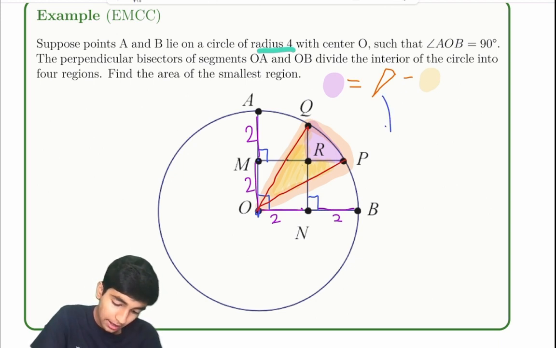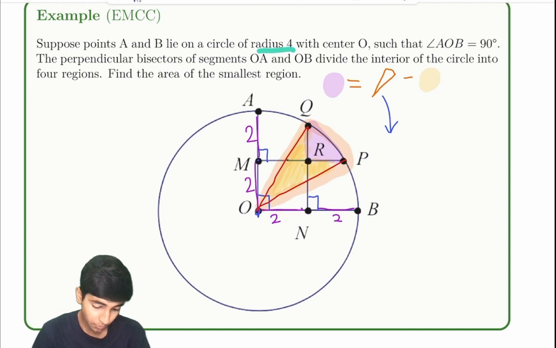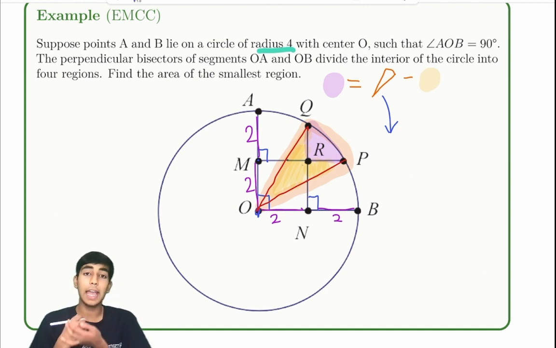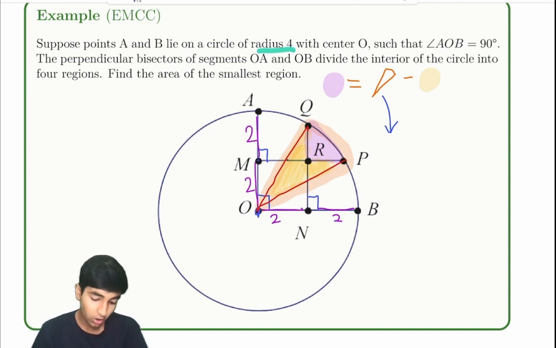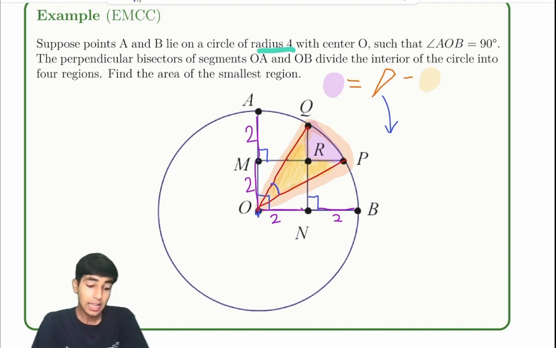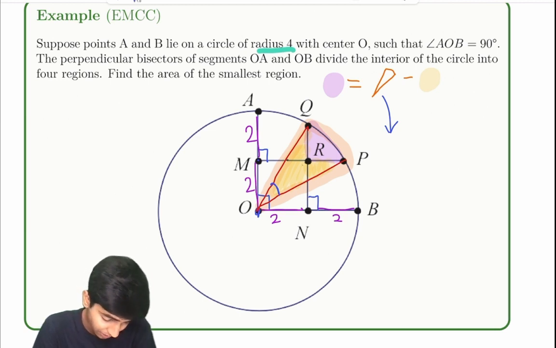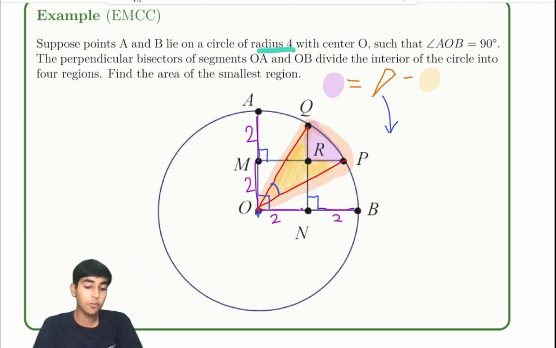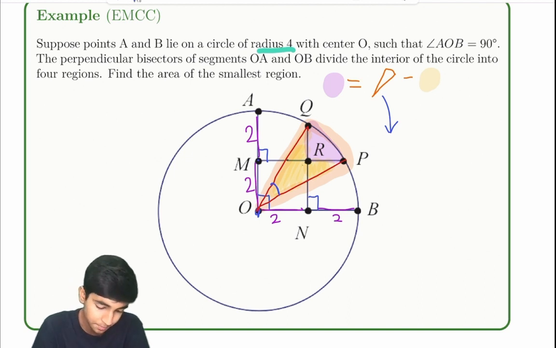So this arc, aha, we know how to find the area of arcs using the formula that we know. To find the area of an arc, we need to know the angle, right? So how do we find out this middle angle right here? So we have perpendicular bisectors. Somehow we have to try and use that condition, maybe.